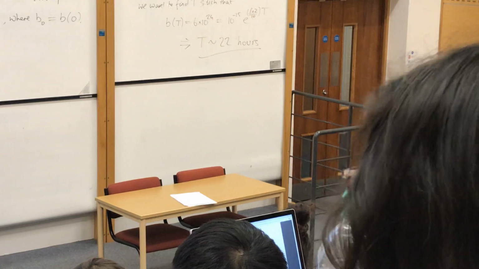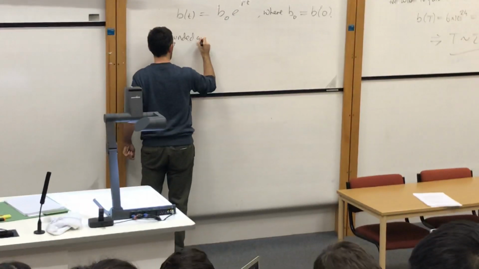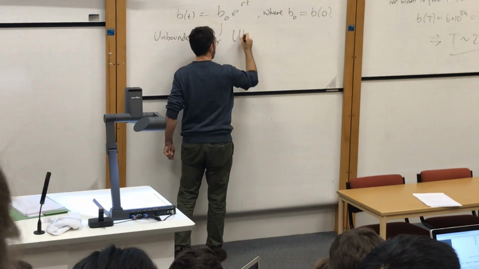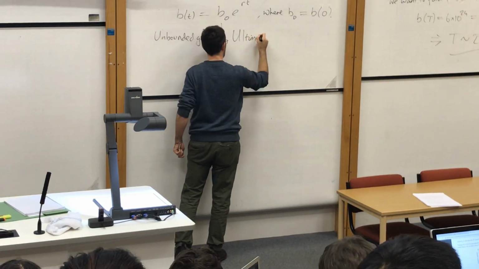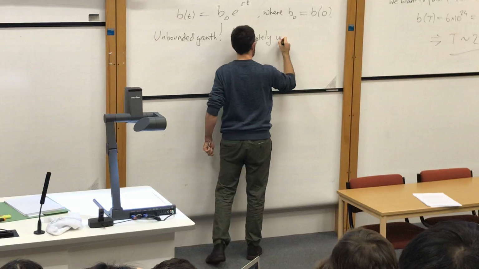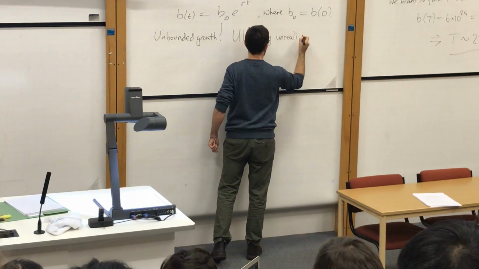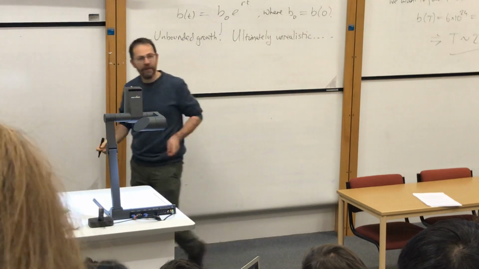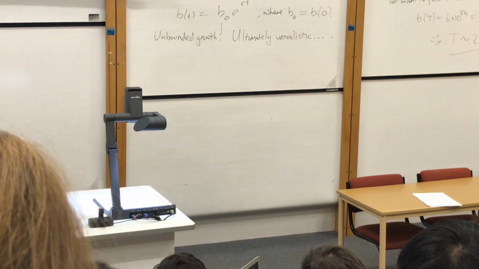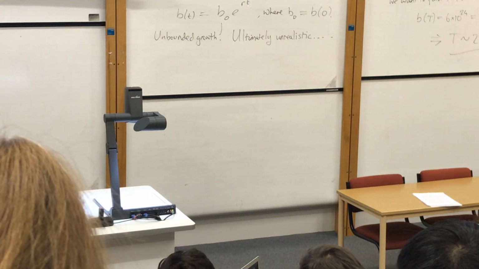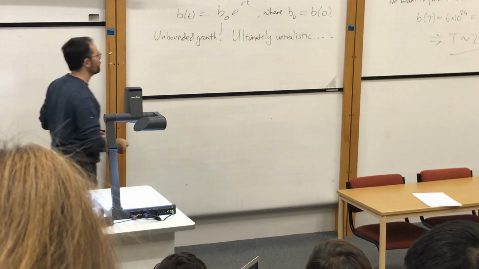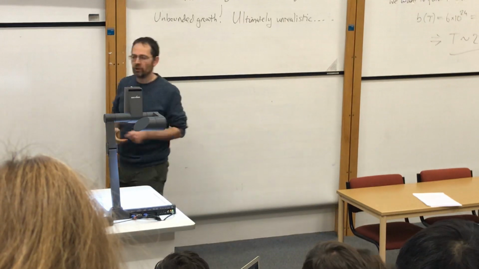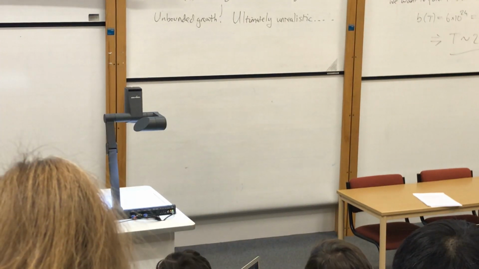So, unbounded growth. And that's, of course, ultimately unrealistic. But nevertheless, exponential growth models are still used to describe population, and they can sometimes provide quite a reasonable description of the growth of a population in early time.